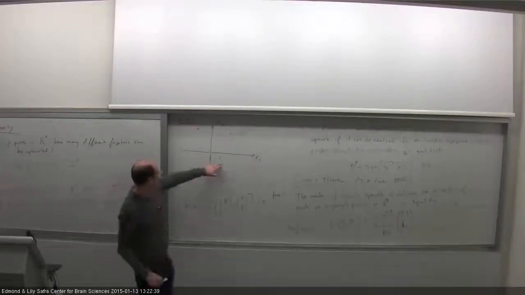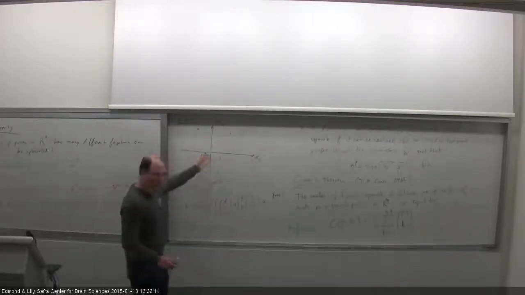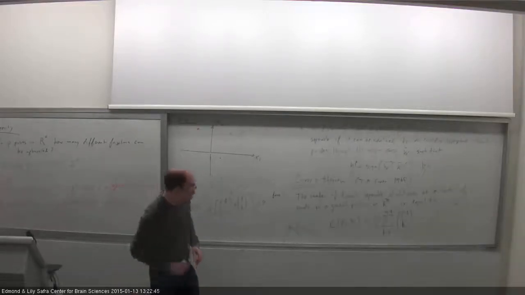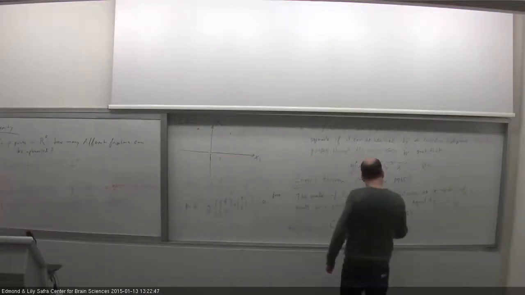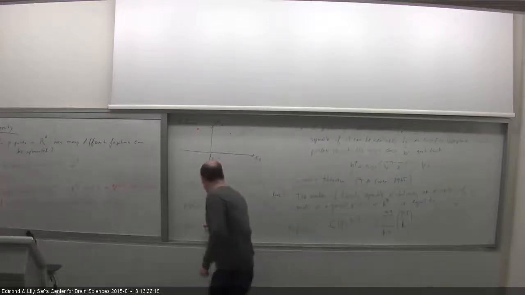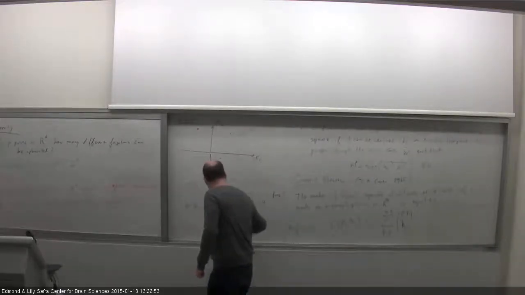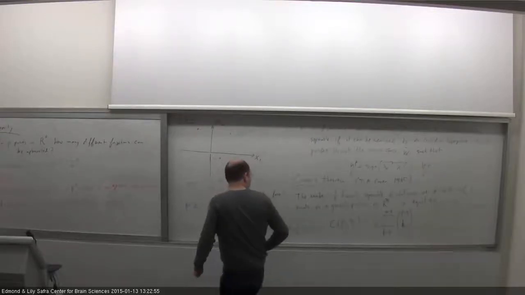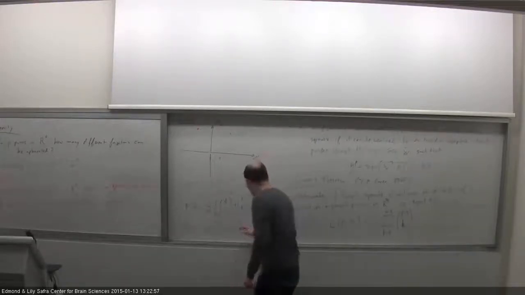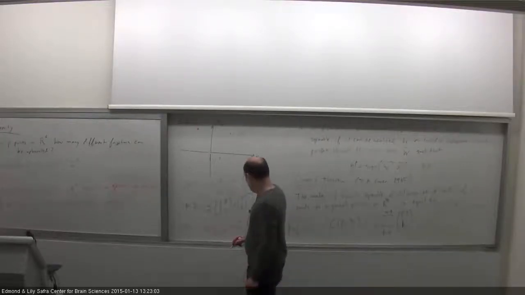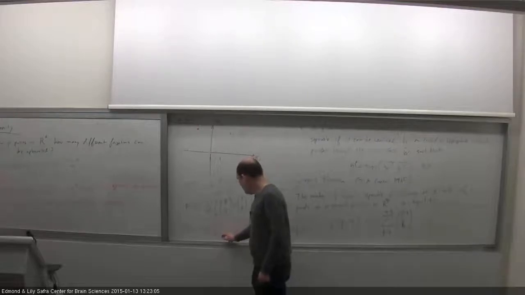But let's follow this example. So I know that I have 6 possible functions, and let's just see that it agrees with this expression. So I have here 2 times 2 over 0 plus 2 over 1 plus 2 over 2. This is equal to 1. This is equal to 2.